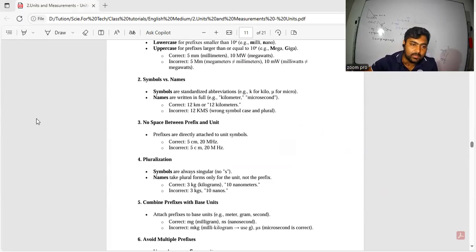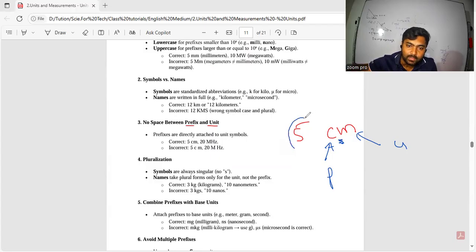And the next one is, there should be no space between the prefix and the unit. Here, 5 centimeter. This is the prefix. This is the unit. There should not be any space. But between this unit and the numerical value, there should be a space.